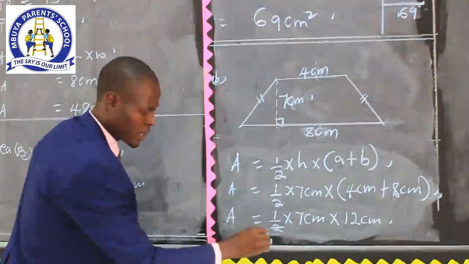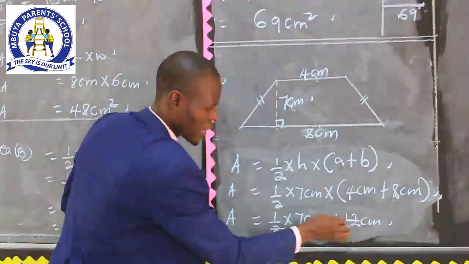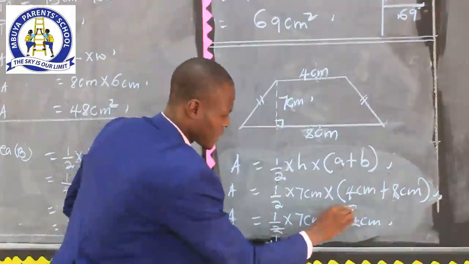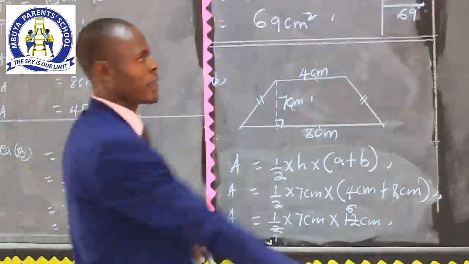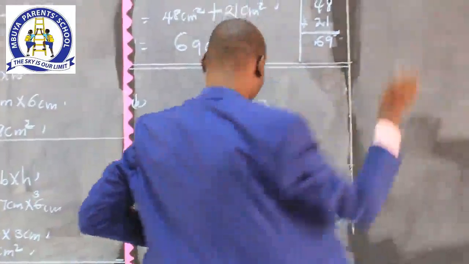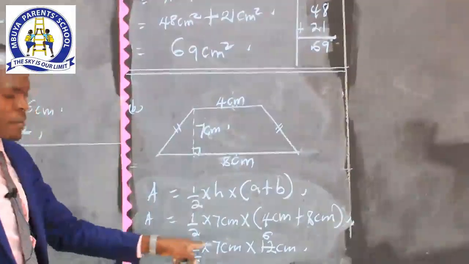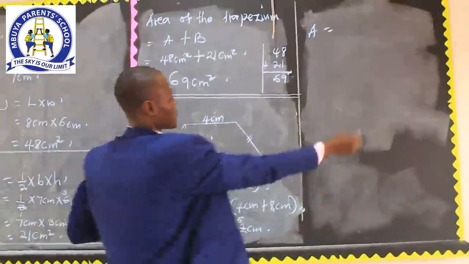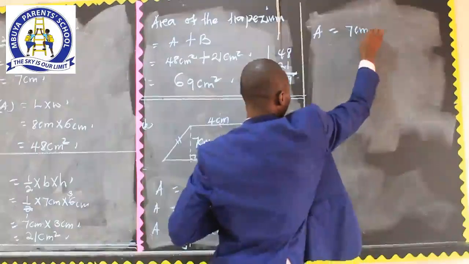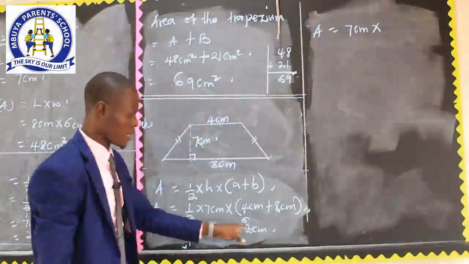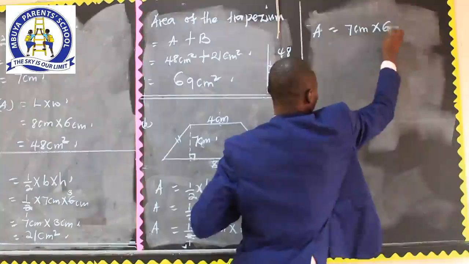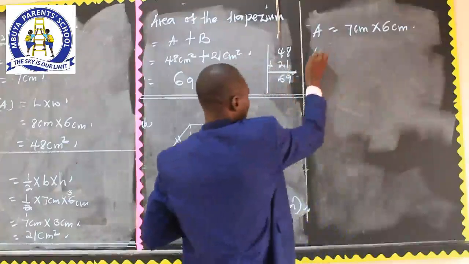Class, by 2 we shall get a 1, and by 2 here, we shall get a 6. So we now have area is equal to 1 times 7 centimeters times the 6 centimeters.